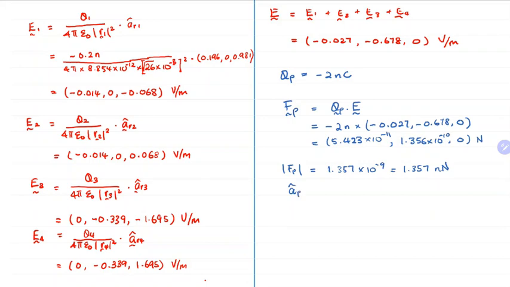The unit vector of the force will be the vector divided by the magnitude of the force, and that should give us (0.4, 0.999, 0).